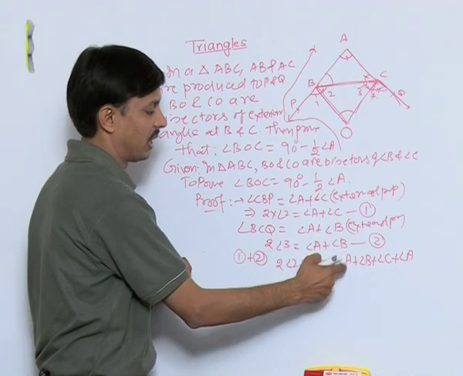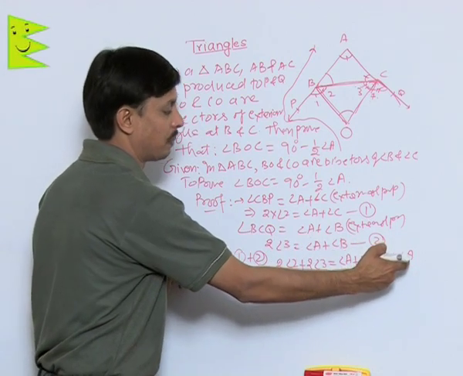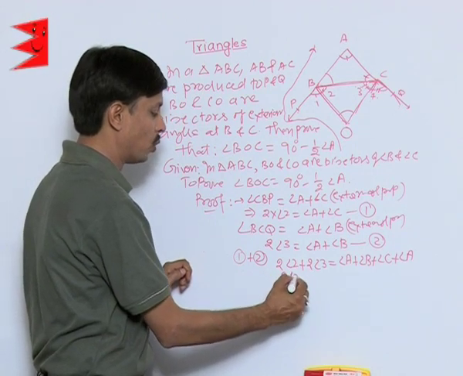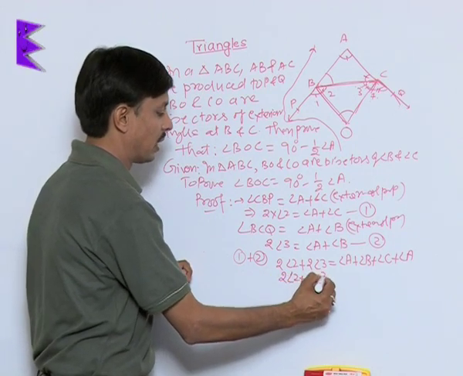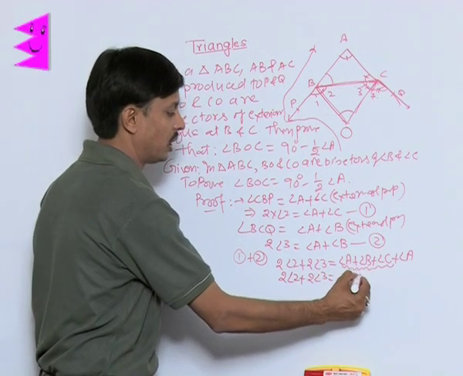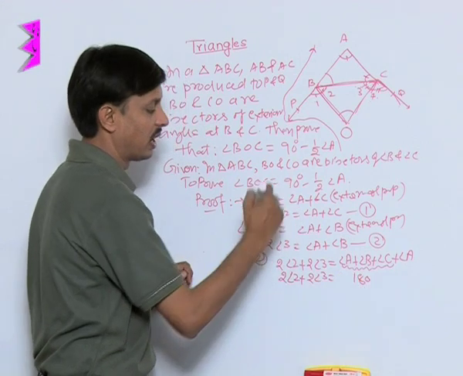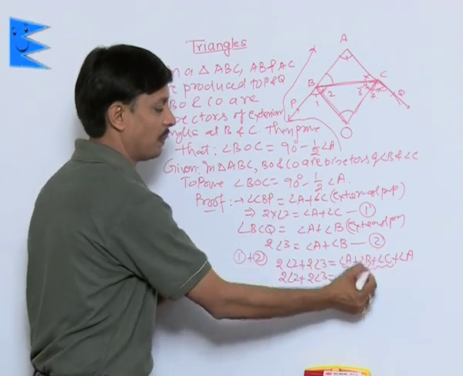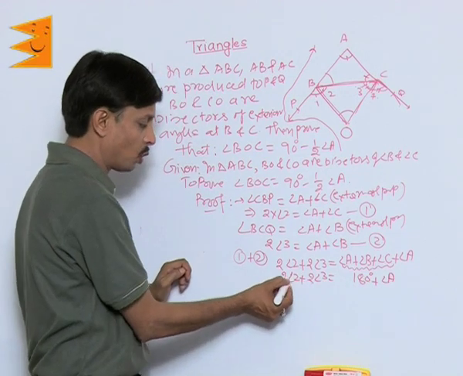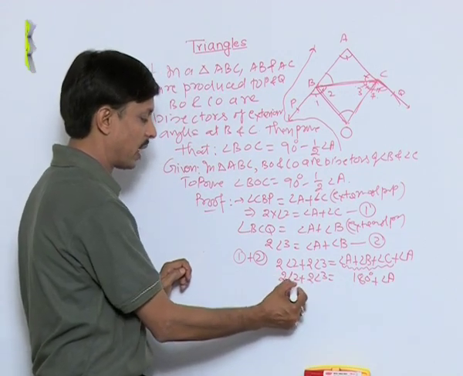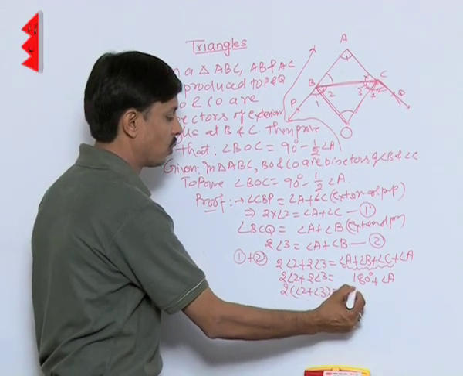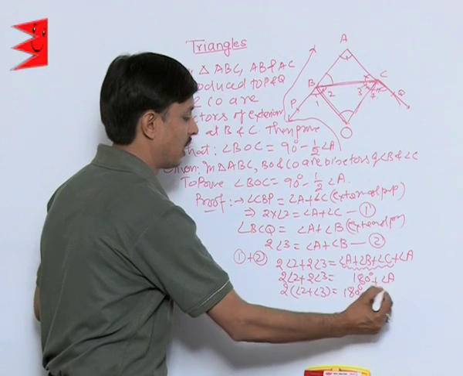So twice of angle 2 plus twice of angle 3, in place of A plus B plus C, it is the angle sum property. A plus B plus C is 180 degree, plus angle A. If I take 2 common, then this will be twice of angle 2 plus angle 3 is equal to 180 degree plus angle A.